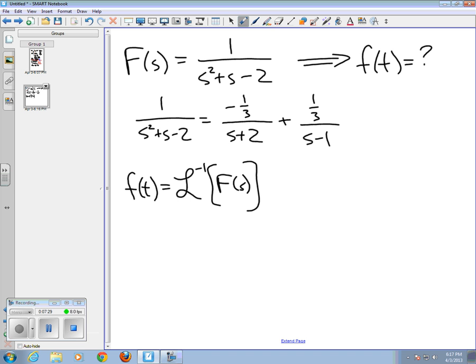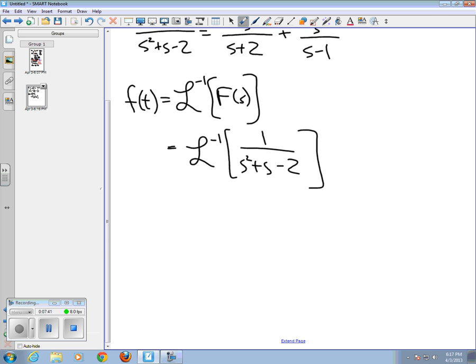So that's equal to the inverse Laplace transform of 1 over s squared plus s minus 2. But that's then the inverse Laplace transform of -1/3 over s plus 2 plus 1/3 over s minus 1.